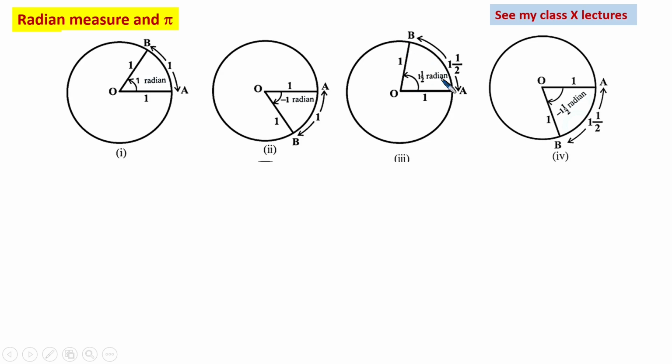For pi you will have 1.5 plus 1.5, which is 3, slightly more than 3, say 3.14, because you can show that the value of pi is 3.14. We will see it just now. Similarly, 2 pi will be 3.14 plus 3.14, that is 6.28. Here also it is the same thing, but in the negative direction.